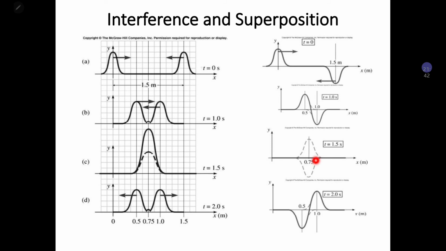For example, kita ada dua wave arah yang berlainan. Satu ke kanan, satu ke kiri. Apabila dia bersampai pada satu keadaan dia akan overlap, dia akan addition. Dekat sini dua-dua berada pada kedudukan yang sama. So amplitude tambah amplitude, amplitude kat sini akan makin membesar.